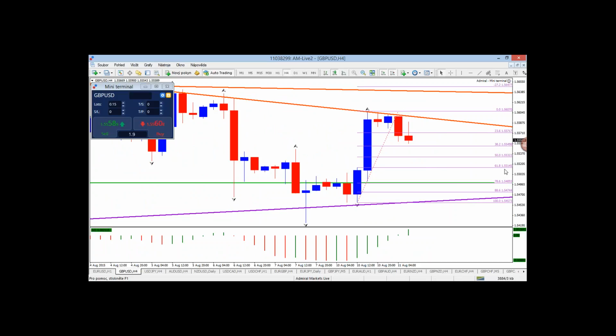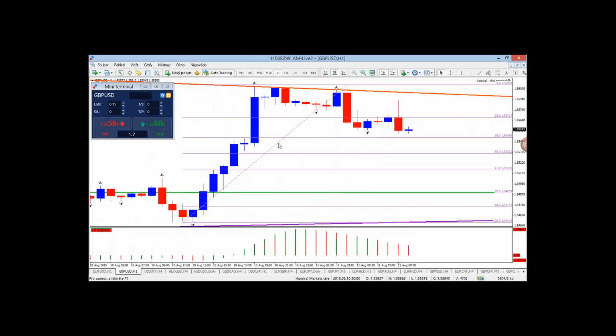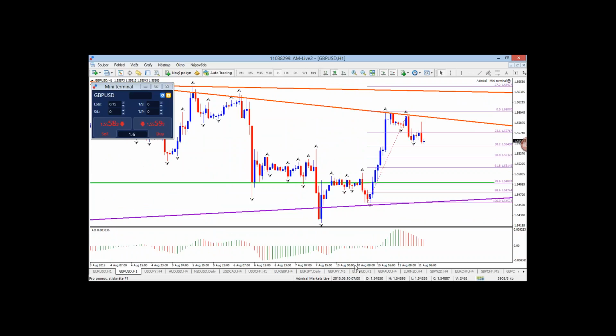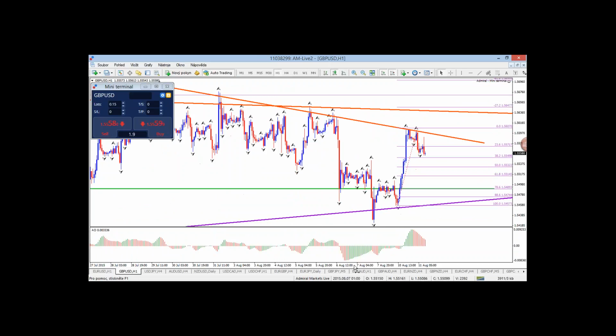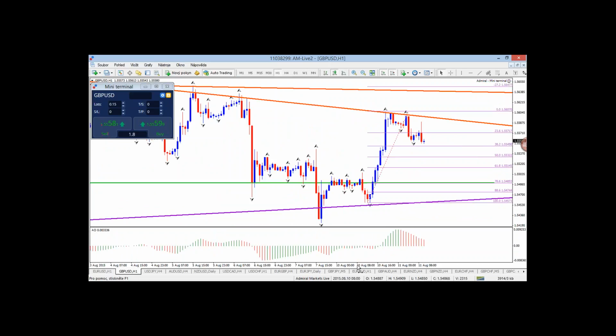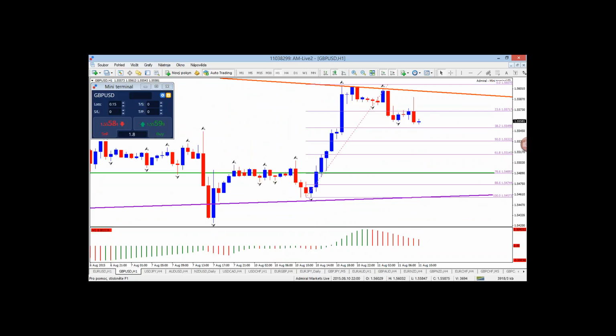The 61.8 fib, 78.6 fib, 155-ish. Even the 50 perhaps could be something, but that's trading at halfway in this triangle, this range, and especially in August, I'm not too fond of that. So the deeper the better, preferably the 78.6 fib.